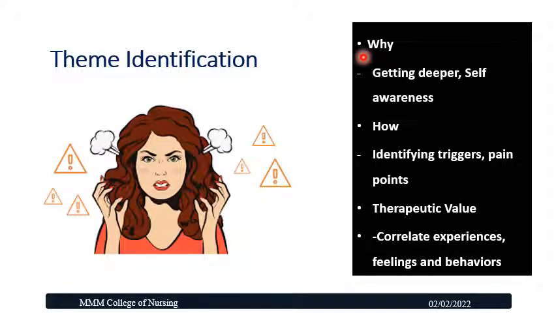Identifying triggers and pain points. Example, the nurse asks the patient, I noticed that you said you have been hurt or rejected by men. Do you think this is an underlying issue? The therapeutic value is to correlate experiences, and the patient is helped to explore his feelings and behaviors.